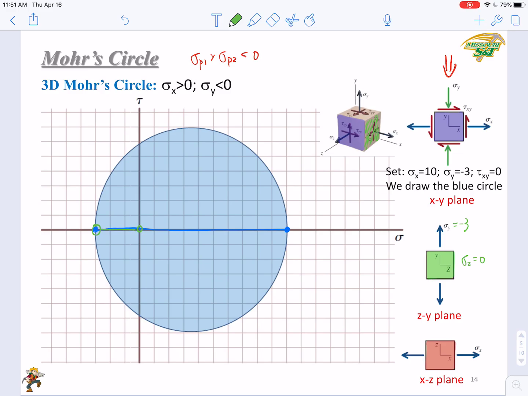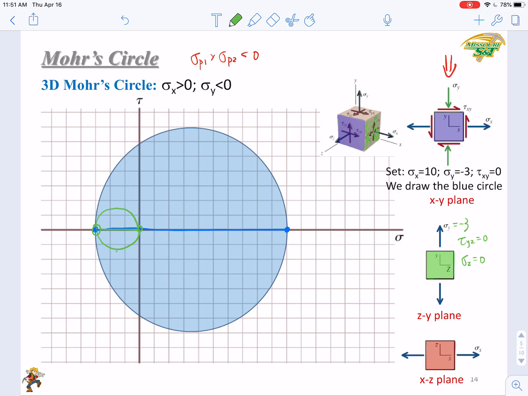Then connect them. Of course, tau yz equals 0, so you do not need to find other 2 points above and below the sigma axis. You just need to connect these 2 points directly and then draw the Mohr circle. So this is the Mohr circle for the YZ plane.